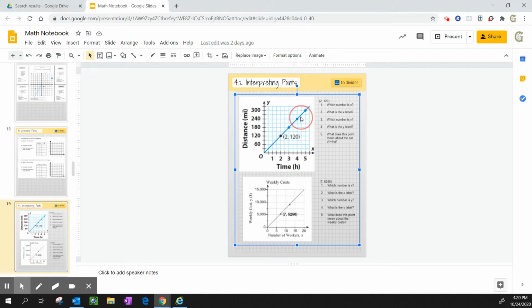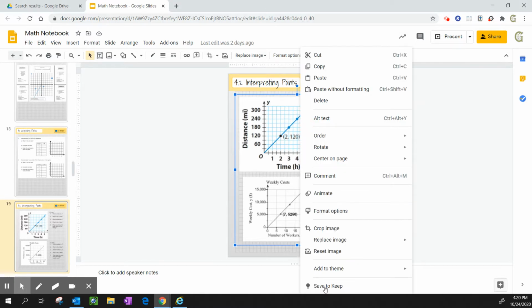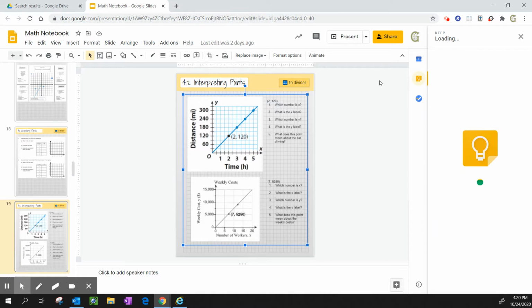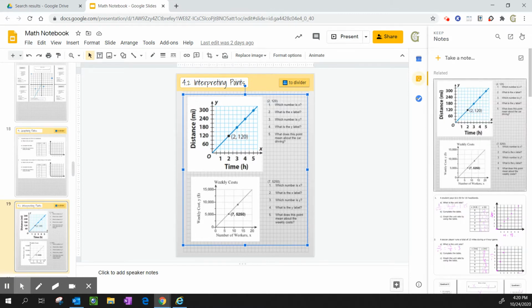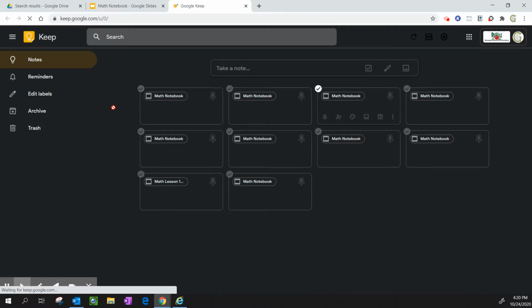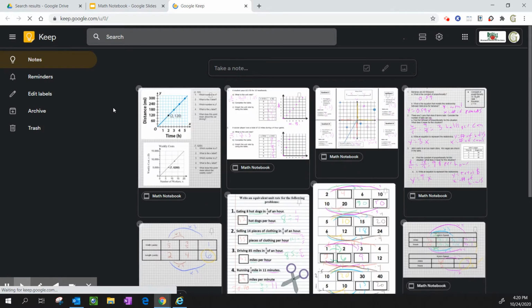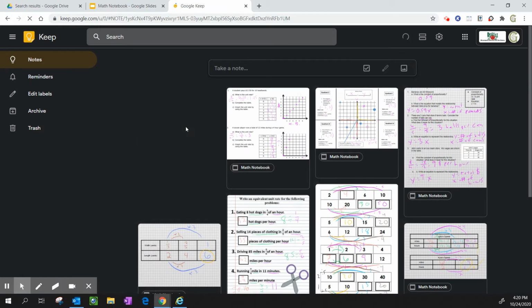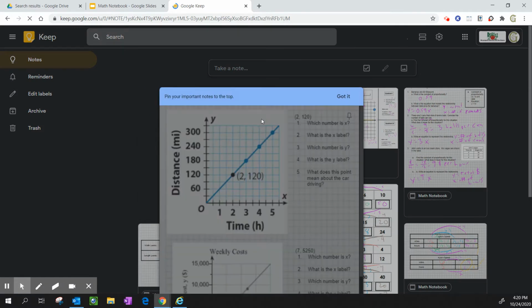So to do some practice, you can go ahead, right click, save to keep. Open a new tab. We'll click on it.